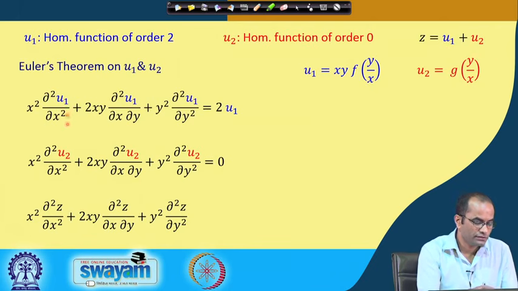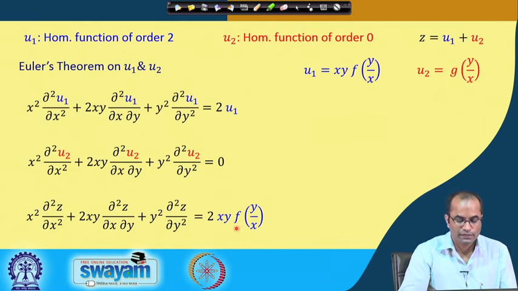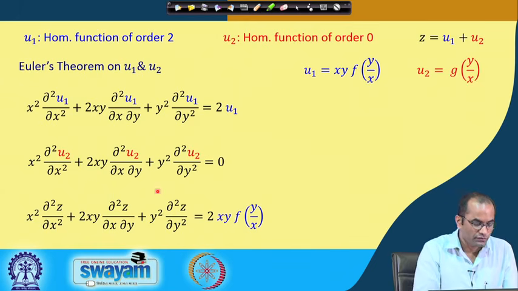So, if we add these two, we have x squared times the second order partial derivative, and so on, of u1 plus u2, that is z, equal to 2 u1 plus 0. So, we get only 2 u1, and u1 is xy f of y over x. So, we get the result 2 times xy f of y over x.